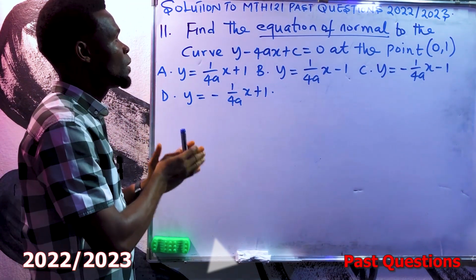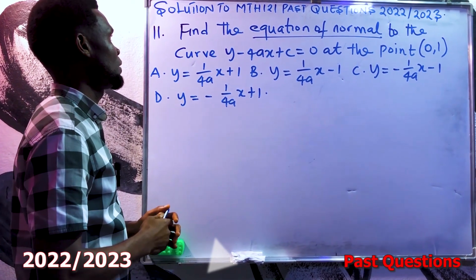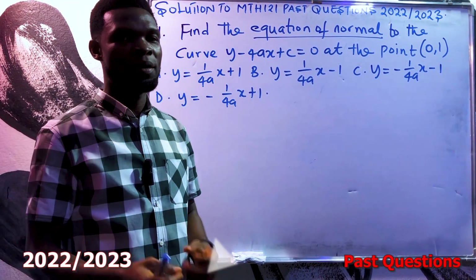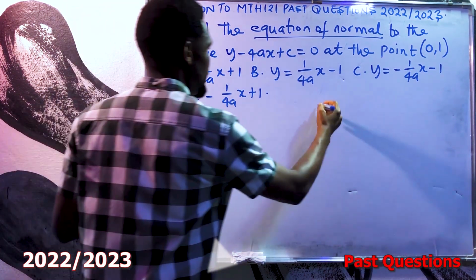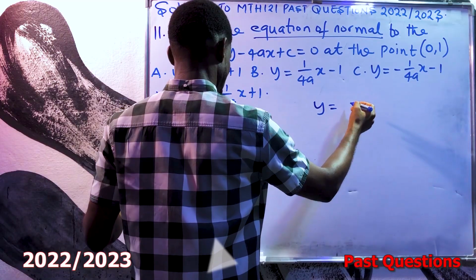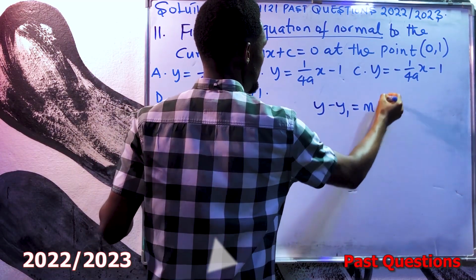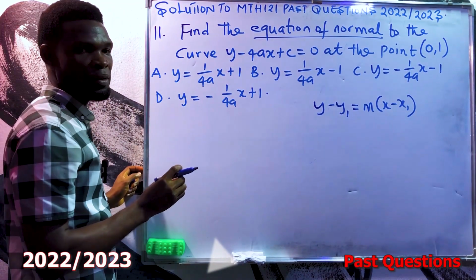Since I'm looking for the equation of the normal, the question is, what is the formula for finding the equation of the normal to a curve? Please note, y minus y1 equals m into x minus x1 is the equation of the tangent.